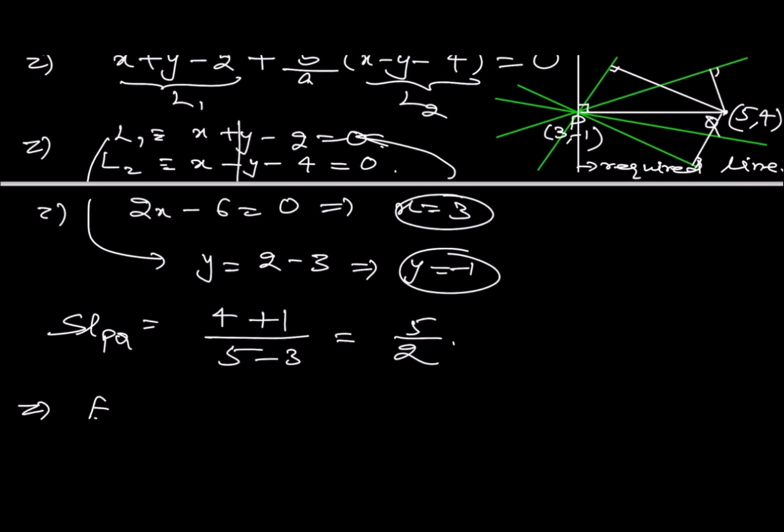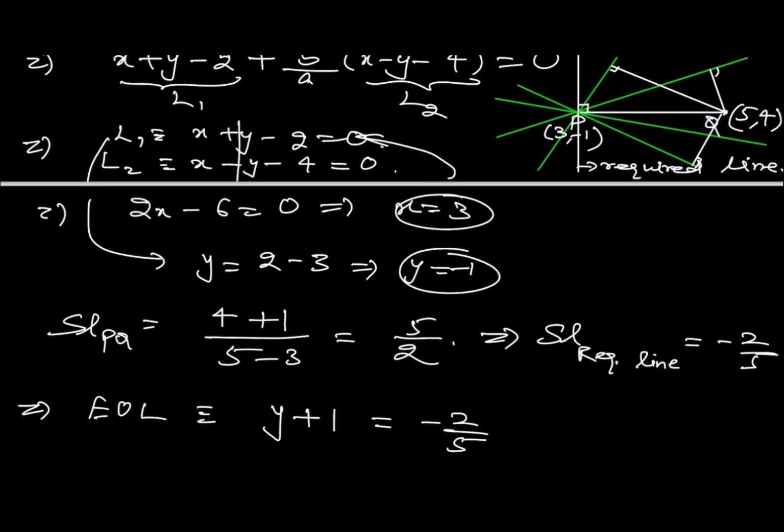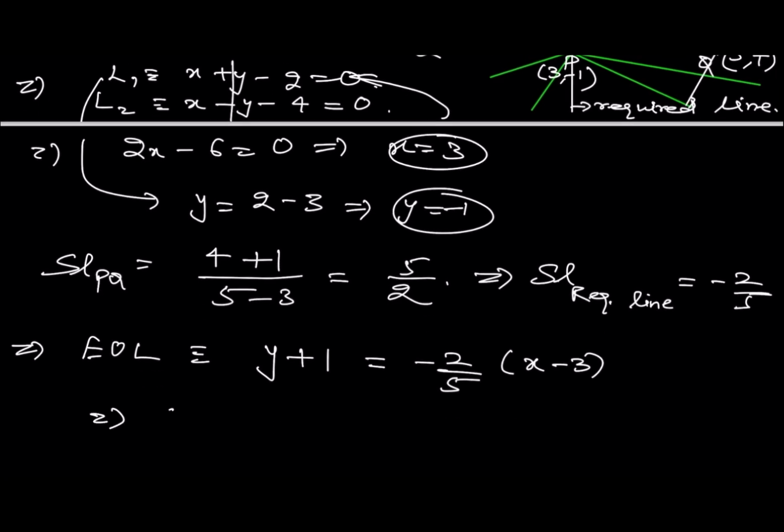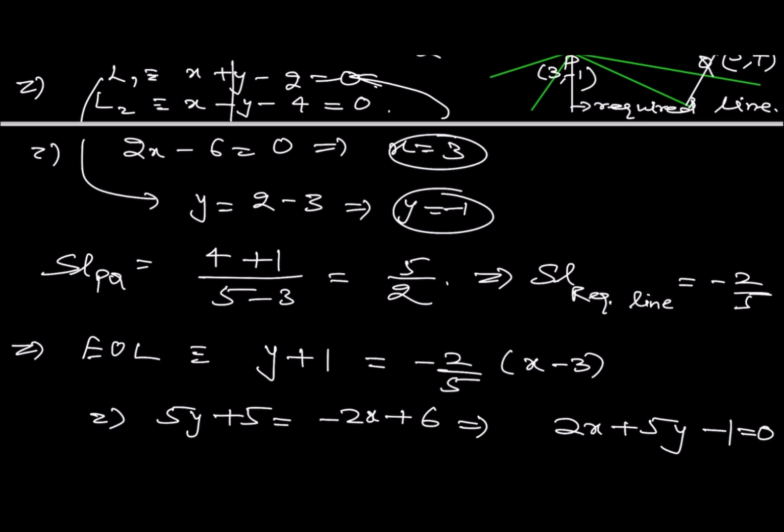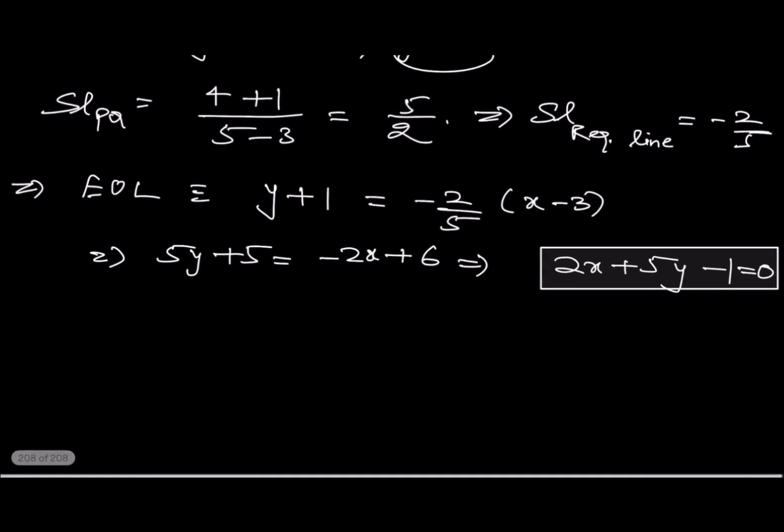So the slope of the required line is minus 2 by 5. So the equation of line is y minus of minus 1 is equal to slope times (x minus 3), right? So this is 5y plus 5 is equal to minus 2x plus 6, or 2x plus 5y minus 1 is equal to 0. The question has been solved.